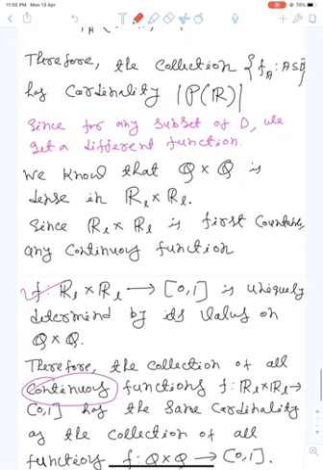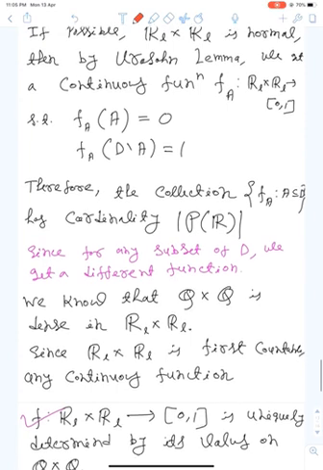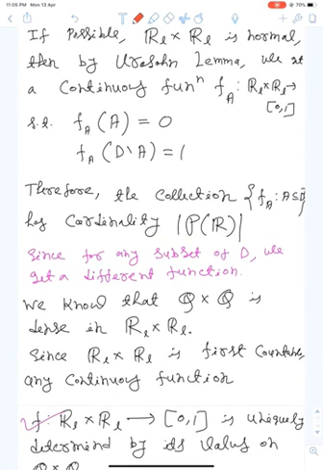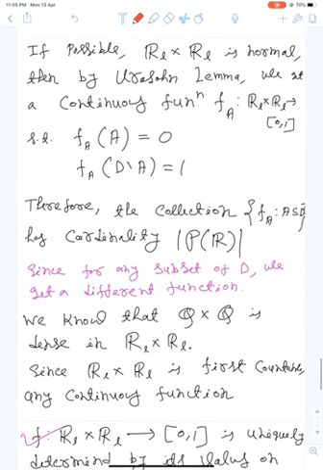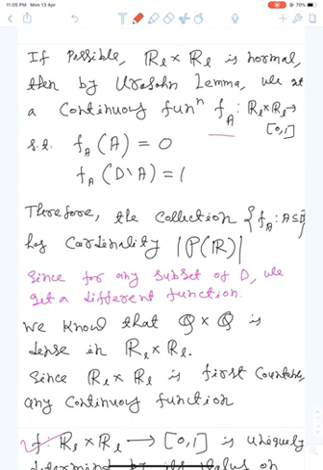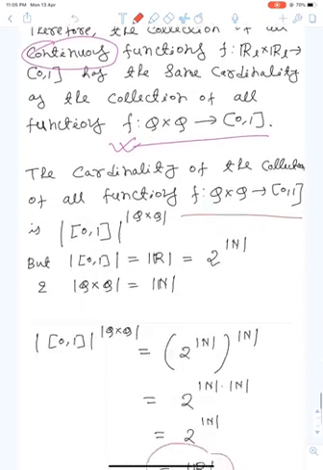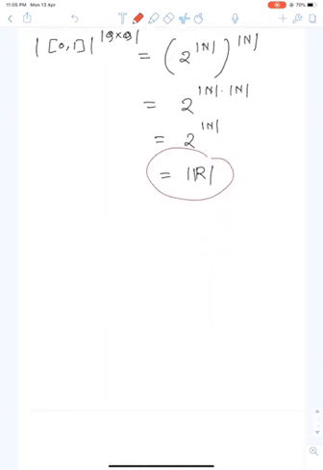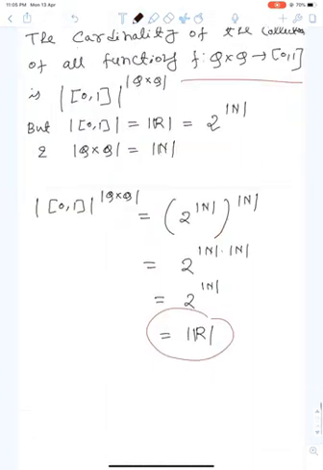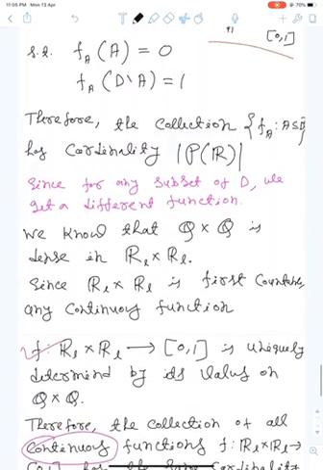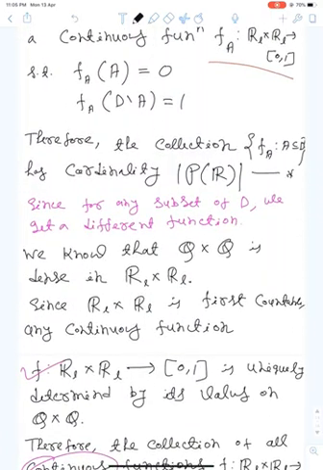But we have already found that the cardinality of all such functions, a continuous function from RL cross RL to {0,1} with some extra property, has the cardinality of P, that is the power set of R. Say this is star.